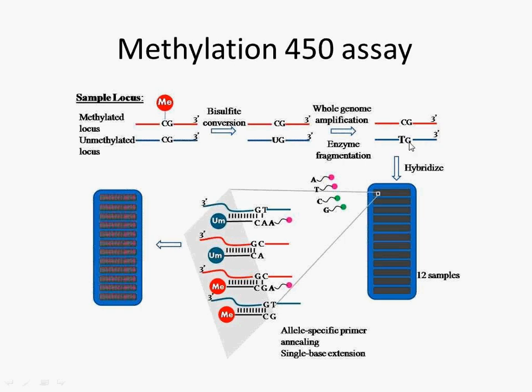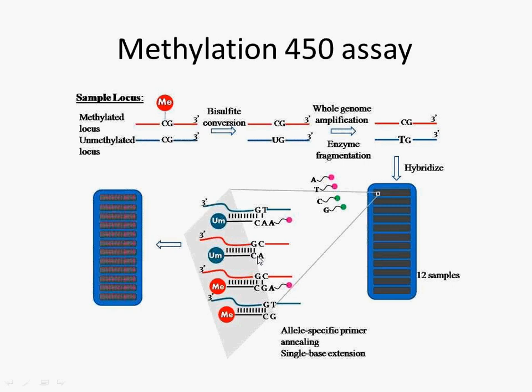You then apply the assay by hybridizing this genomic DNA that has been bisulfite treated onto an array that contains two types of probe. One probe for the unmethylated form will have a C for the G of the CpG island, and an A for the unmethylated form, and then you perform a single base extension past that locus, and any extension of this species will get you a signal.